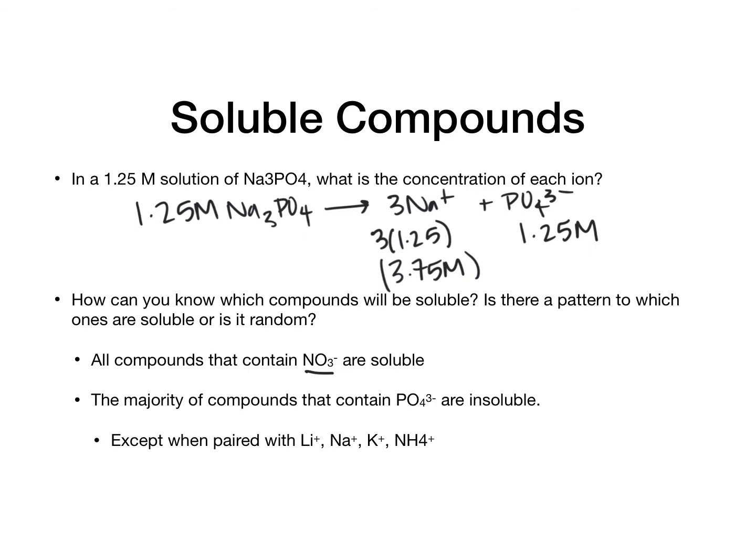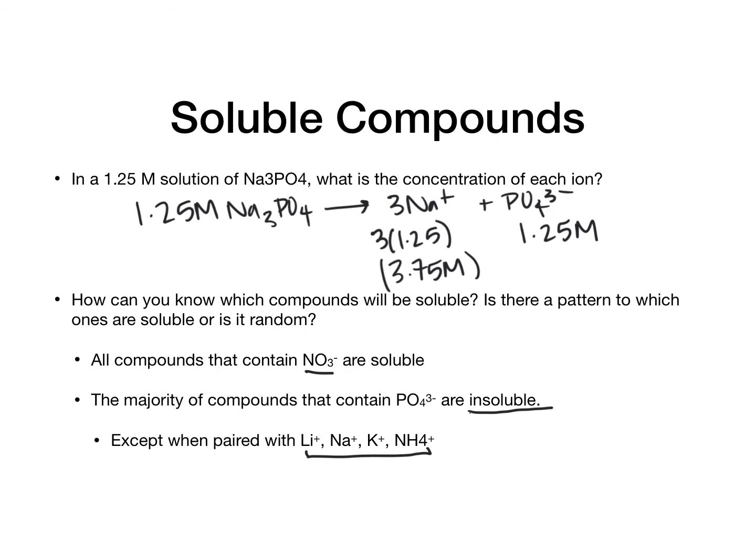If it has a nitrate, it's going to be soluble, meaning it will be aqueous as long as it's in water. However, when you have a phosphate ion, the majority of these are insoluble. Always keep in mind that some of these are determined as all are soluble or all are insoluble. It's kind of hard to tell which is which. But phosphate ions, we just looked at sodium phosphate. It turned out that sodium phosphate is soluble. So when phosphate is mixed with these, it is going to be soluble.